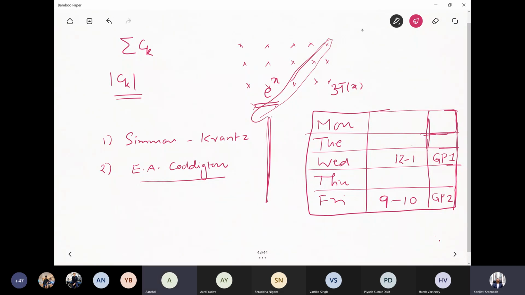But if you take the sum of these starting from k equals 1 to n, then k equals 0 is the first case, k equals 1, k equals 2, like this. So this basically covers all the elements. The sum here covers all the elements.